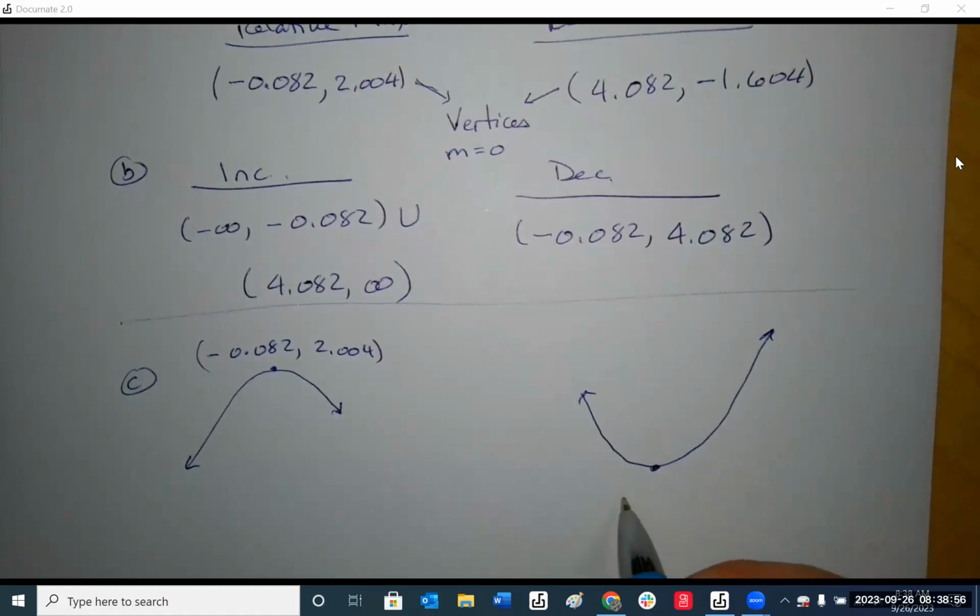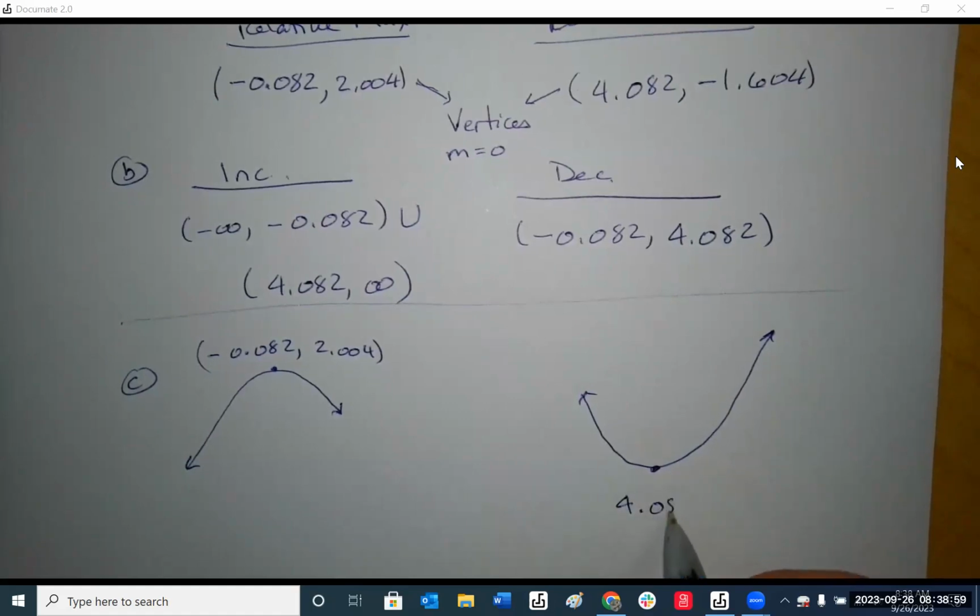And this is the point 4.082, comma negative 1.604.